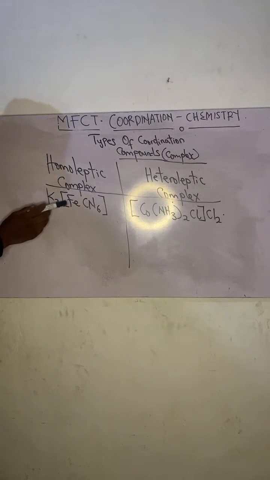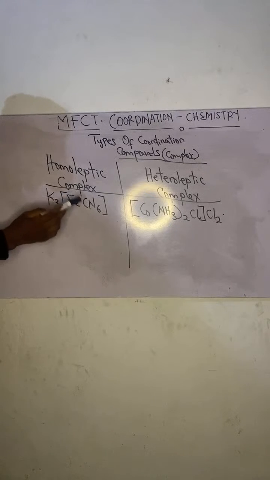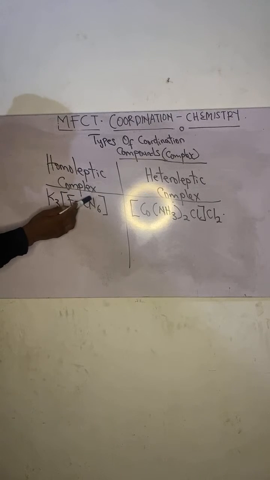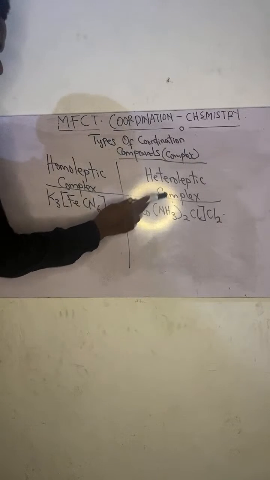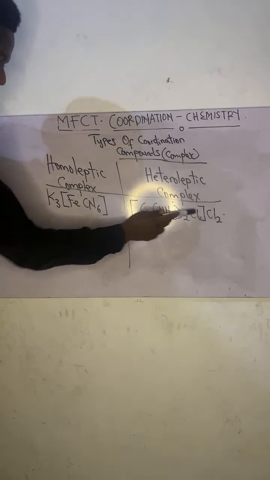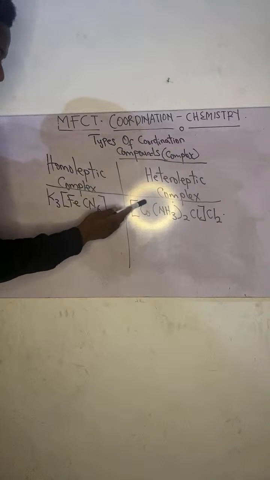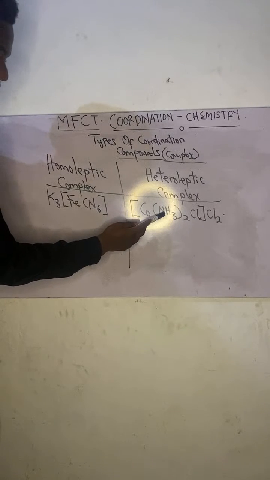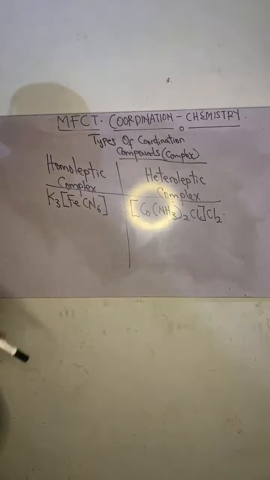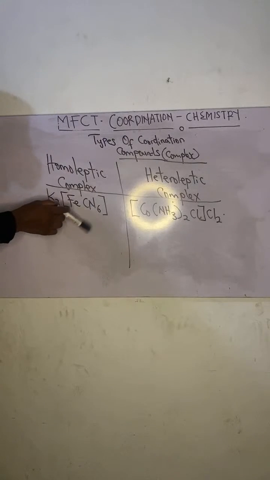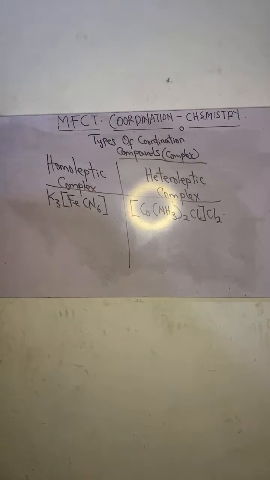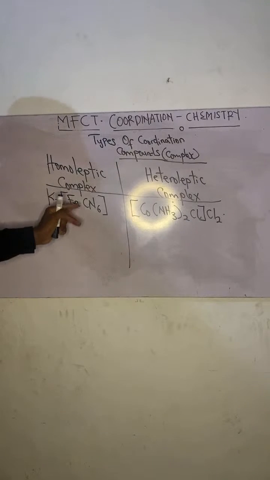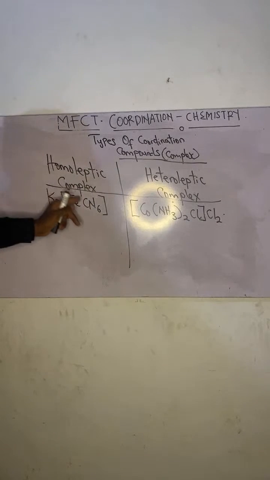Now, if you check this compound, you see that in the square bracket, we have the central atom to be iron and we have the ligand to be what? CN. And in this particular compound, if you check the coordination sphere, we have the central atom to be cobalt and the ligand to be NH3, Cl. We're going to see that here we have 6 ligands. That is, we have 6 CN. But all the 6 ligands we have, they are all the same.